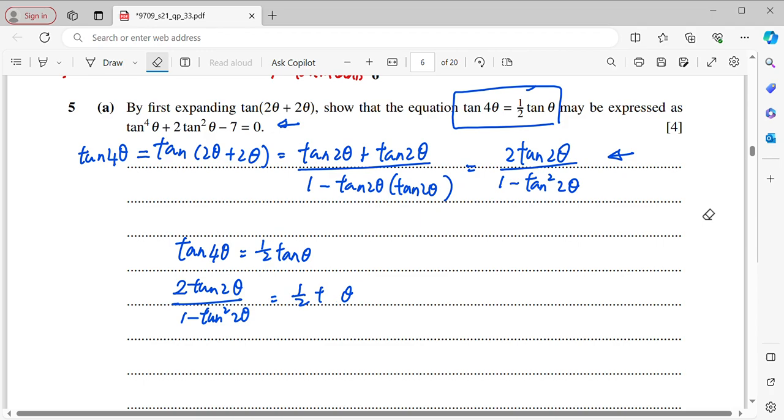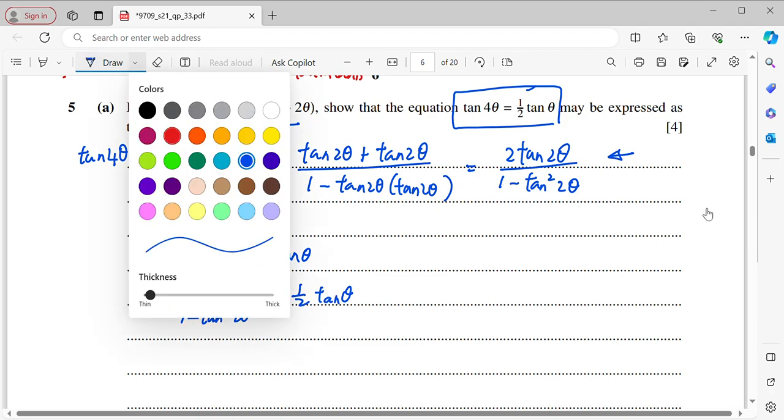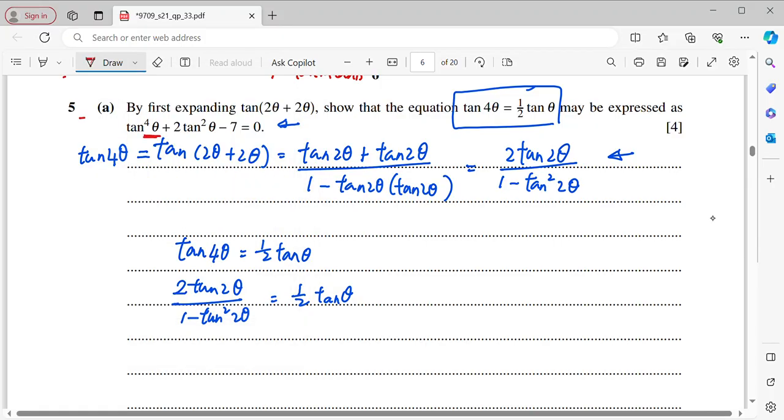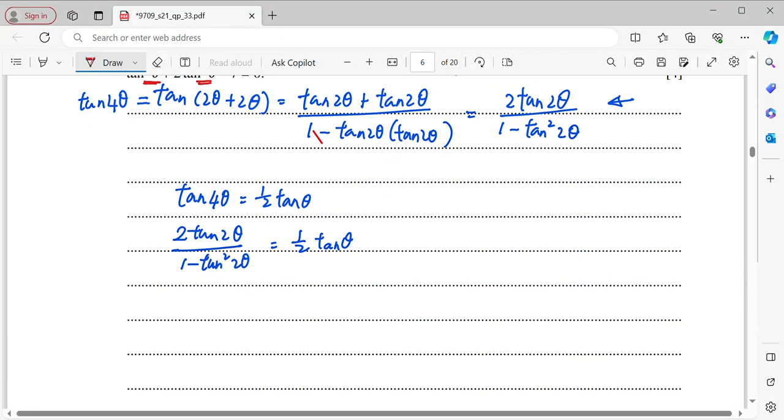But when you look at the given answer in the question, you will just see tangent to the power 4 of theta, tangent to the power 2 of theta. It's actually degree 2 of tangent theta, degree 4 of tangent theta. But for the left hand side, we still have the 2 theta there.